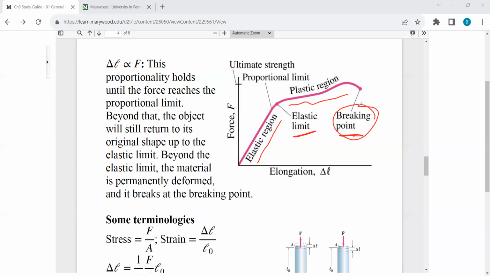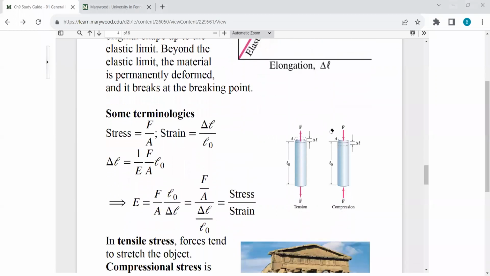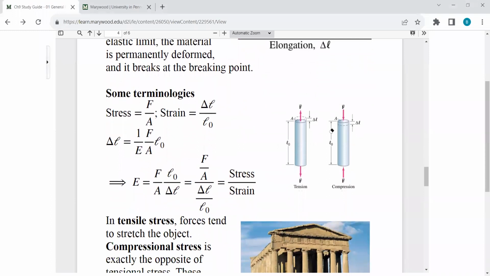Okay, all right. Now, before I talk about fracture and other types of modulus, let me introduce some terminologies. The first thing we are going to learn is stress and strain. What is stress and what is strain?